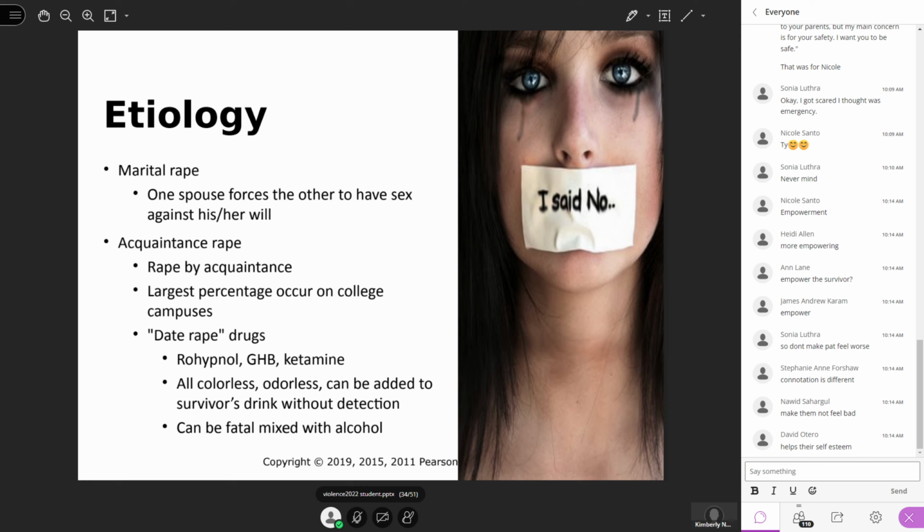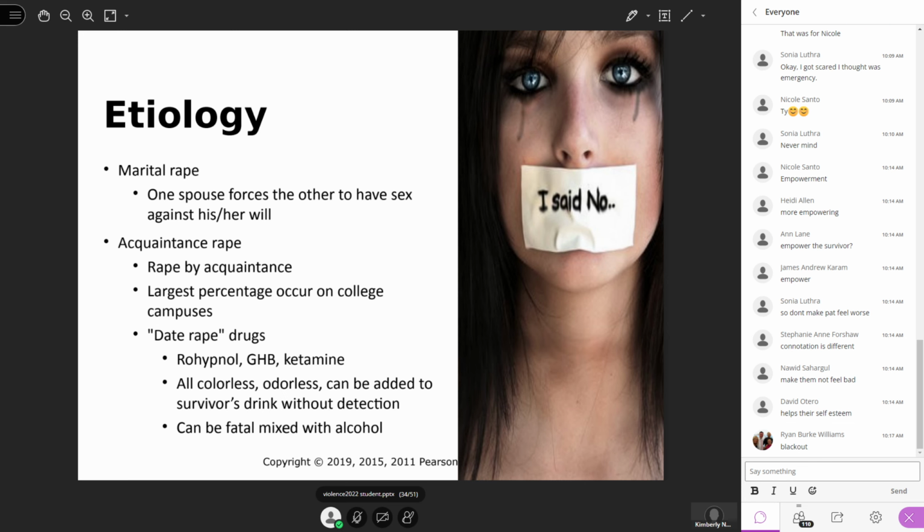Rohypnol, GHB, and ketamine. These are known as date rape drugs. They can cause a loss of control of their body, and they can't consent, right? A lot of times they are blackout, right? A lot of times you won't smell them.